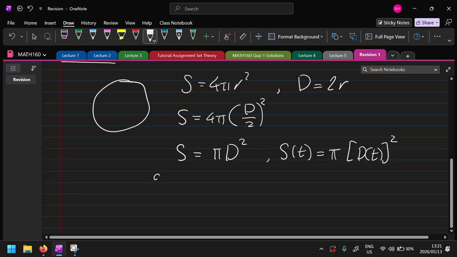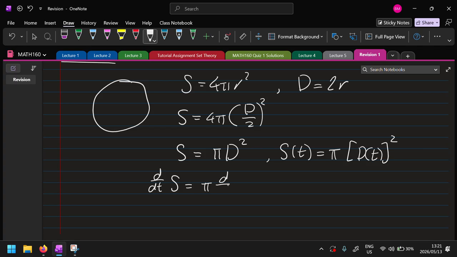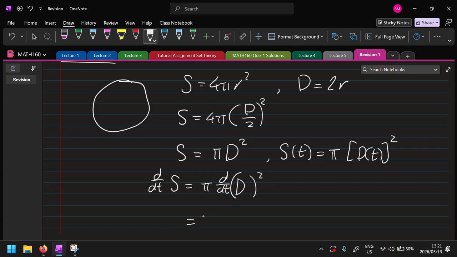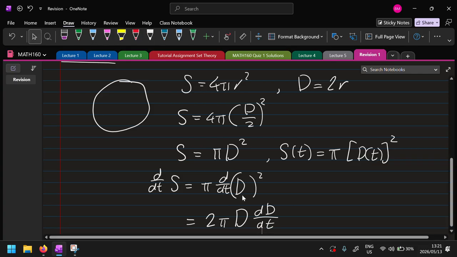So we do d by dt on both sides. So d by dt of D squared will be 2 pi D dD by dt. Yeah, so that's just using the chain rule, and we know that D is a function of time implicitly.